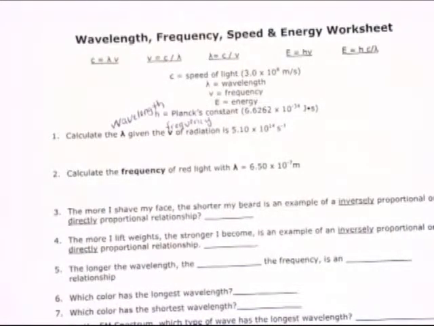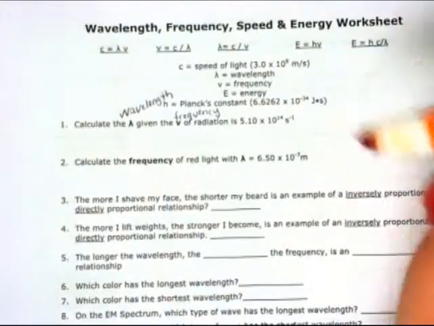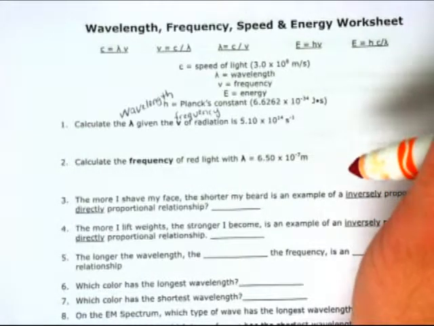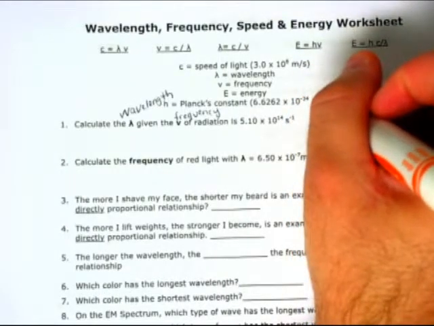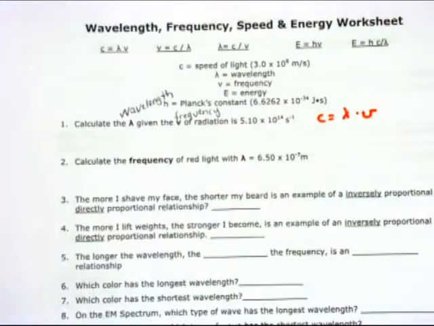Okay. So what formula are we going to use? Not all at once. Jennifer, what formula are we going to use? Okay. Very good. And which of these two do we know?